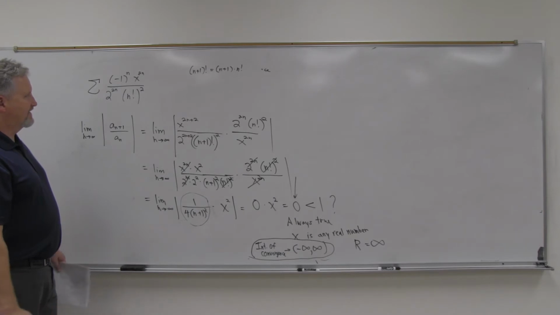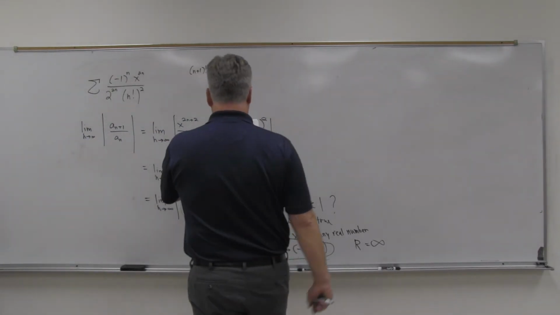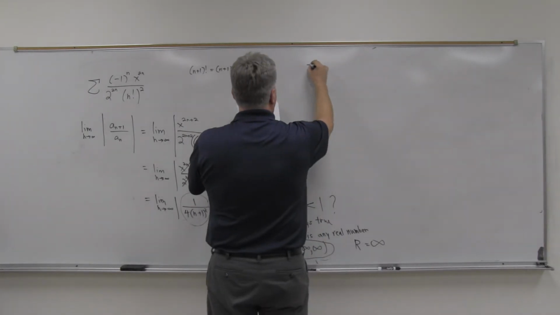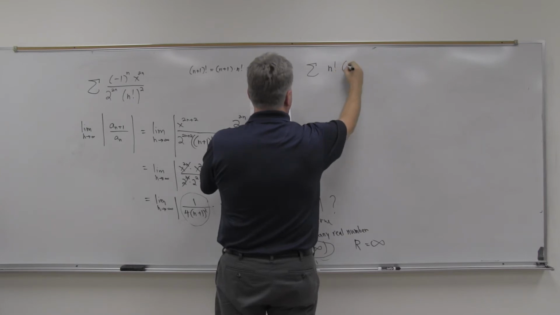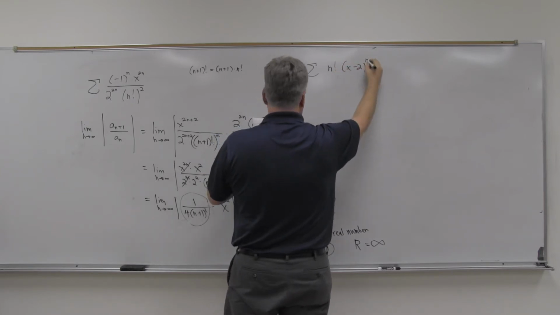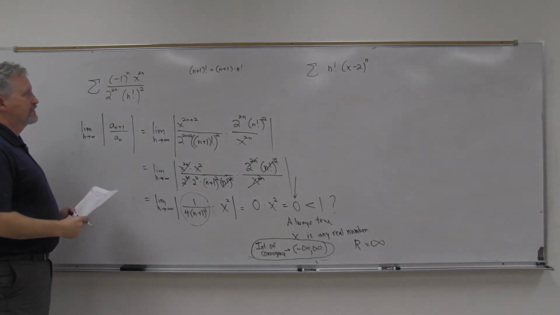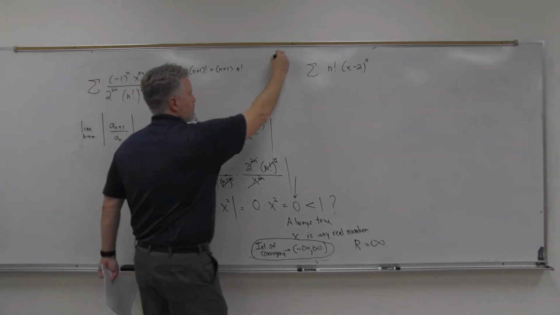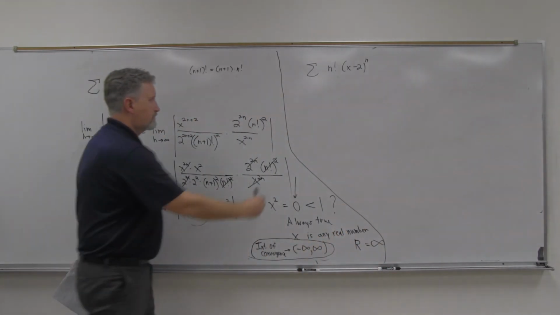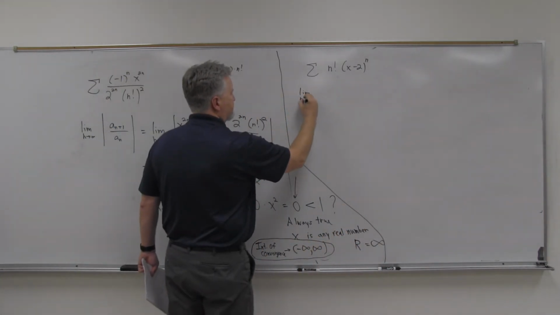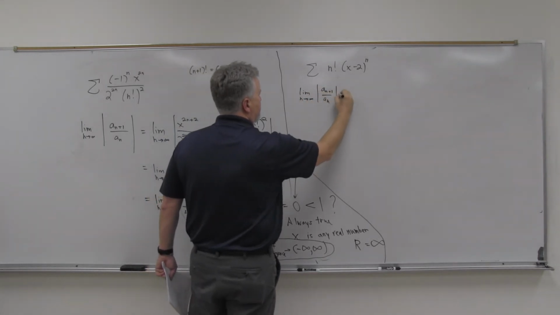Now, let's look at another one. How about the series n factorial times (x minus 2) to the n? Well, the limit as n goes to infinity of a sub n plus 1 over a sub n, what would that be?